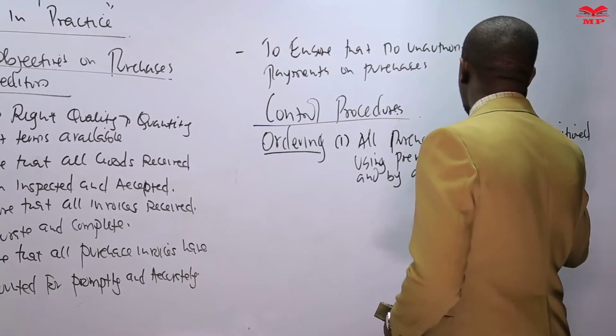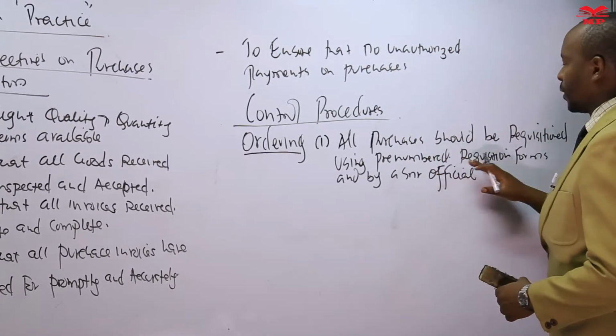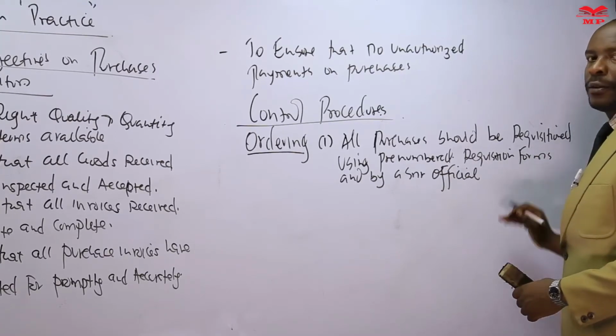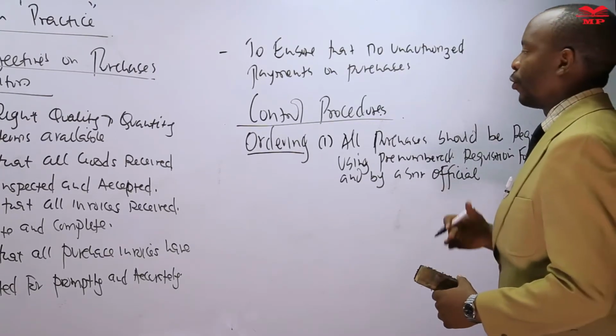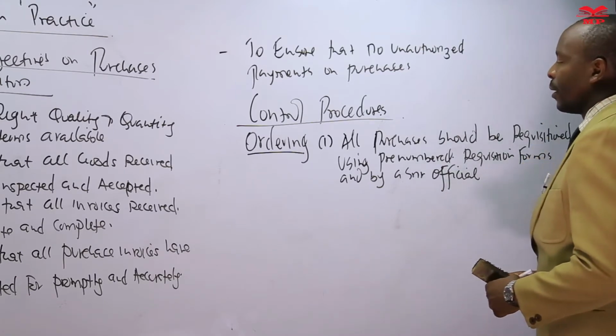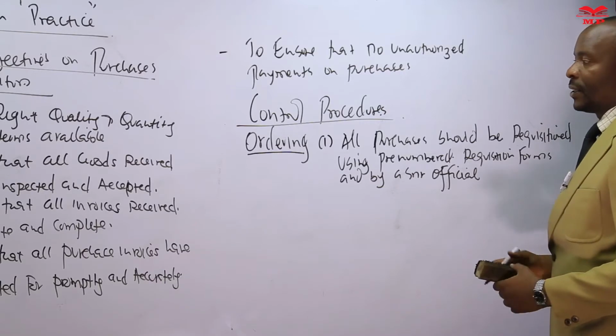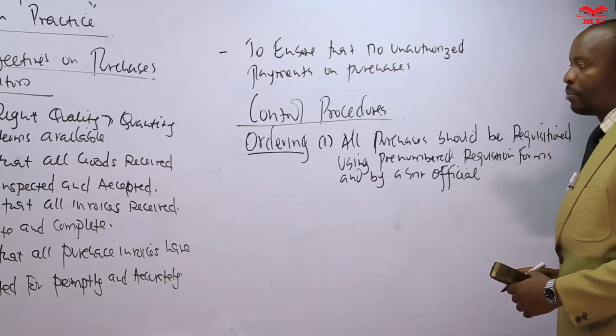So do not allow in your company any goods to be purchased without first of all requisitioning. This involves perhaps a senior person saying that we don't have this, and then ordering for that thing. These requisition forms are taken to the purchasing department, and then the purchasing department is supposed to go ahead and place an order.